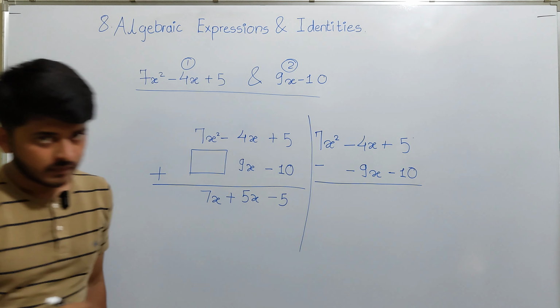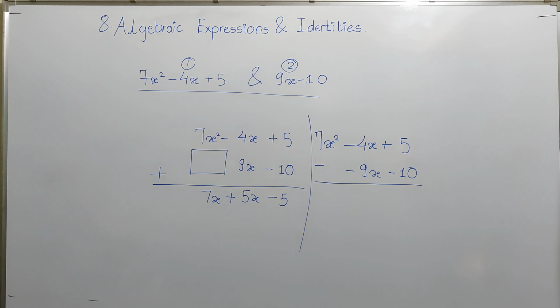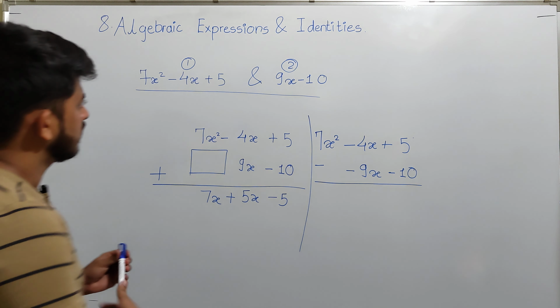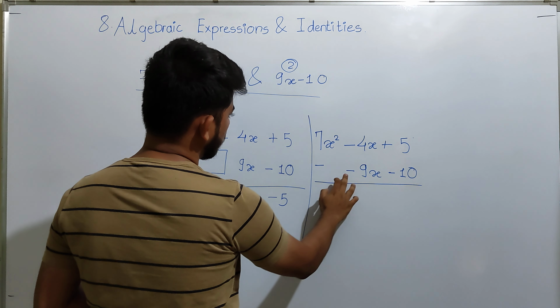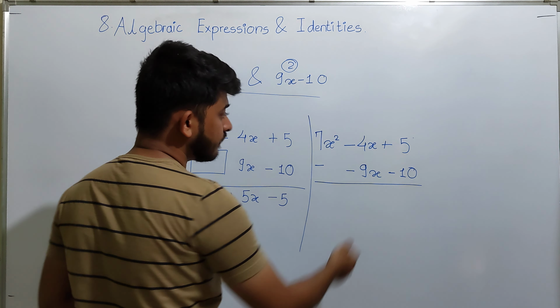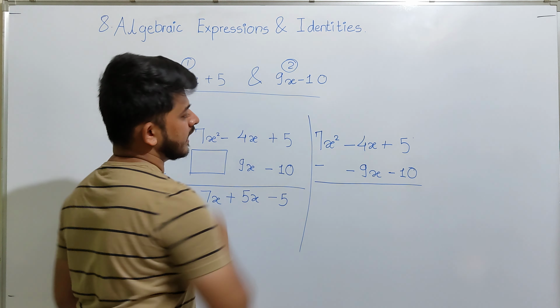Now observe very carefully the two equations which I have written there. If I want to subtract, do we have any minus sign on the 9x? No, it's okay. But we have a minus sign on the 10.